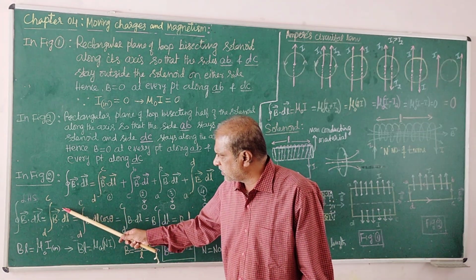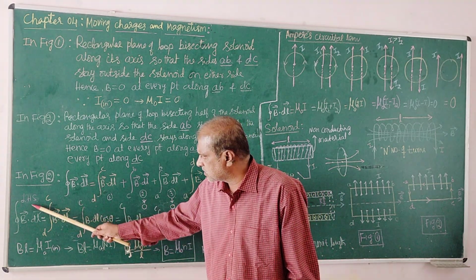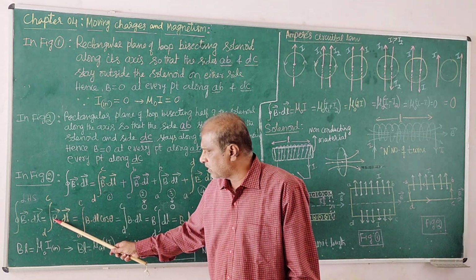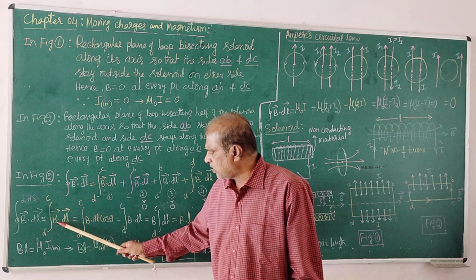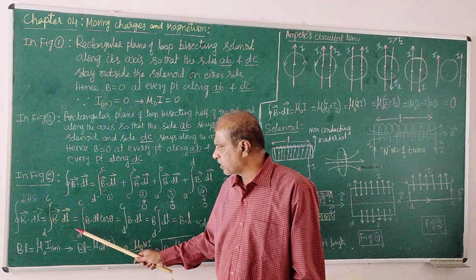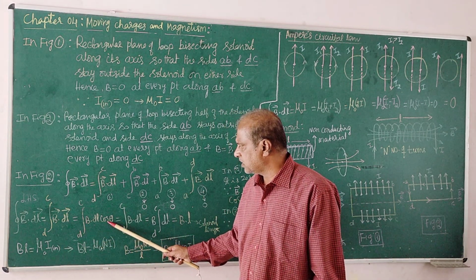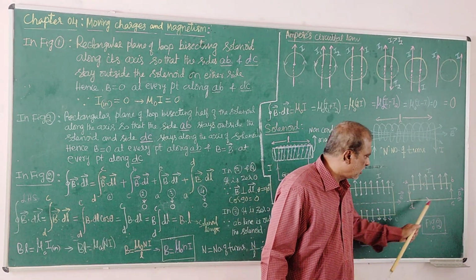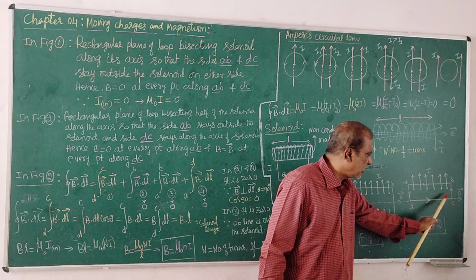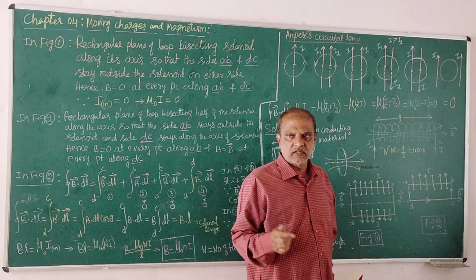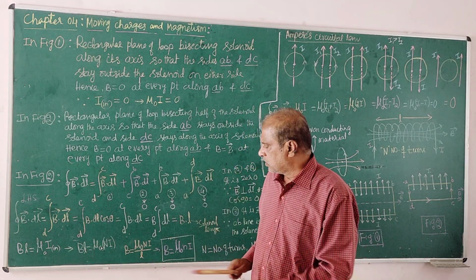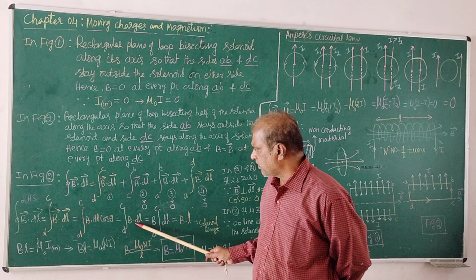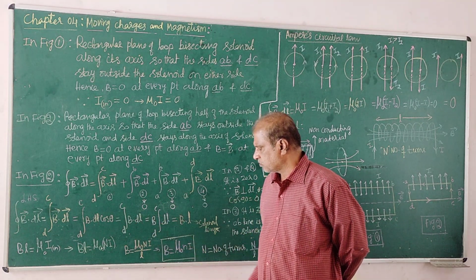So apply this equation. This is the same as D to C, and B is the magnetic field. Apply the definition of dot product, B dl cos theta. Theta between dl and B is 0, since they are in the same direction, so cos 0 equals 1. Only B and dl remain along DC.